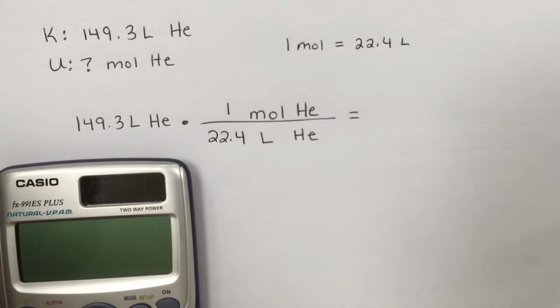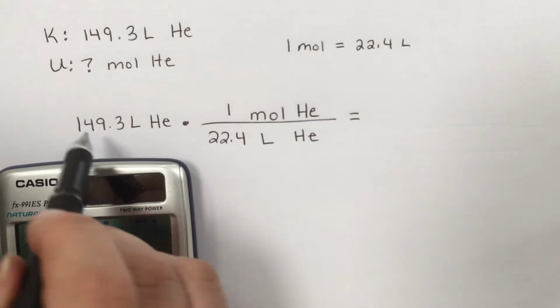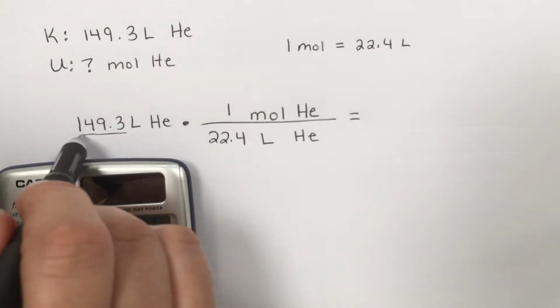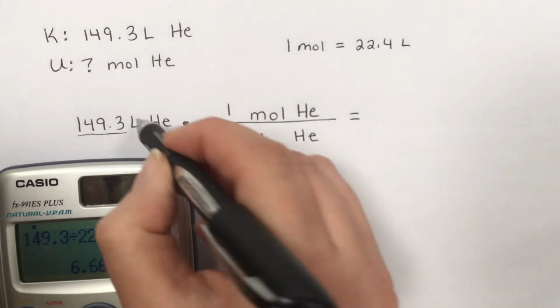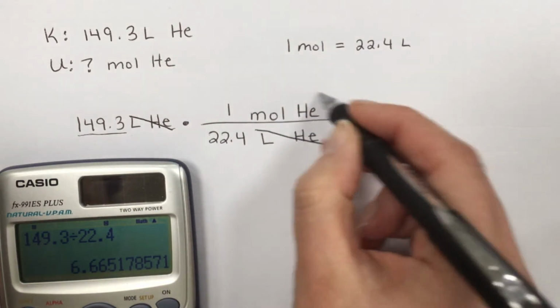Now, we just take our calculator. First, we turn our calculator on. Then we do 149.3 divided by 22.4, and that's our answer. Keep in mind that the significant figures will come from here, and these units will cancel out and we'll be left with these units.